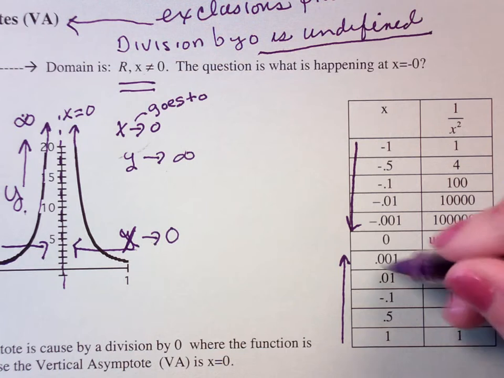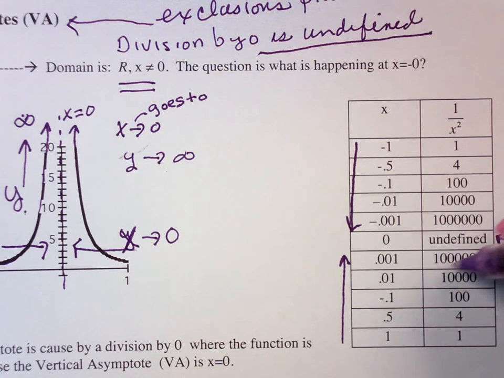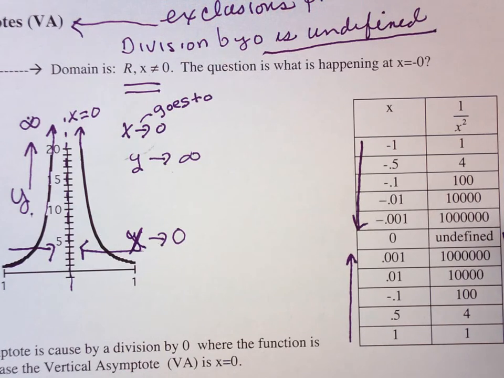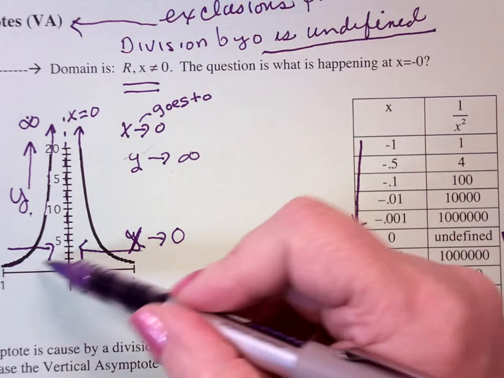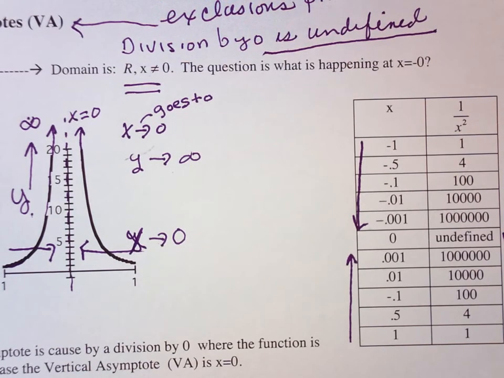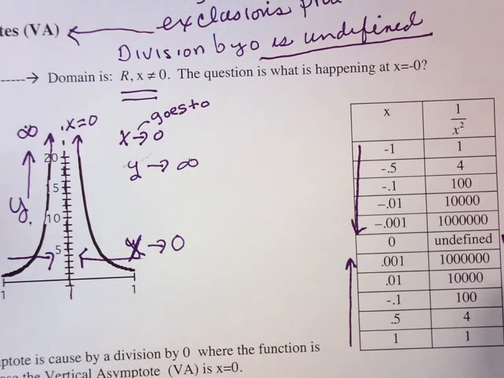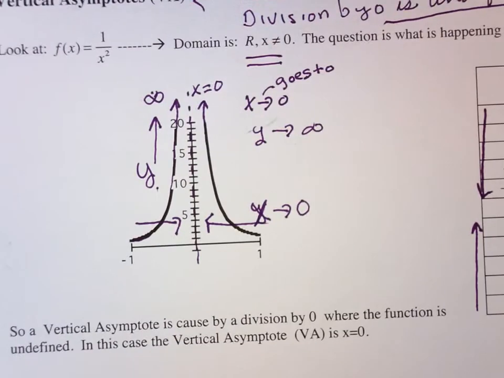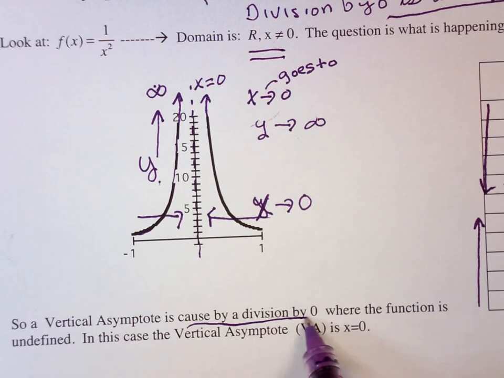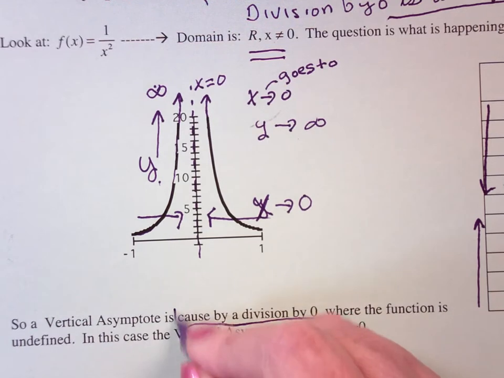So what you're looking at here is a vertical asymptote. As x goes to 0, y is going to infinity. They also could go to minus infinity. And what a vertical asymptote really is, it's caused by a division by 0. That's the cause.